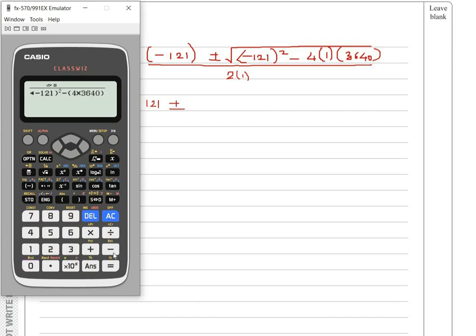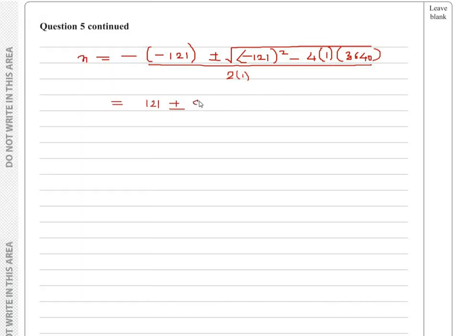Let us check what we do. We get it as 9. So 9 over 2. So we have two values for n now. It is 121 plus 9 over 2, or we have n equals 121 minus 9 over 2.